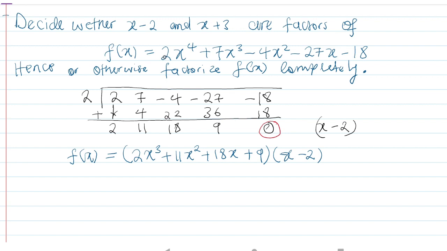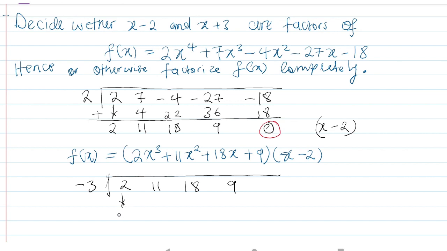So if you want, you can use the original polynomial, or we can use this new factor that we have found. So I will go ahead and use the new factor. So our c in x plus 3 is negative 3, and we are going to extract here the coefficients 2, 11, 18, and 9.